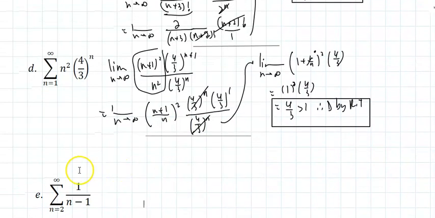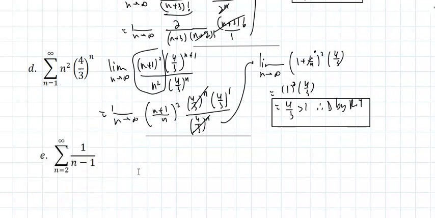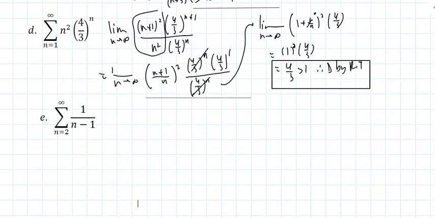And the last example I have is the following. I'll try the ratio test on this. We would say, well, let's see. Let's take the limit as n approaches infinity of 1 over n plus 1. I'm going to change that slightly. 1 over n plus 1 minus 1, that's a sub n plus 1, divided by what I see.